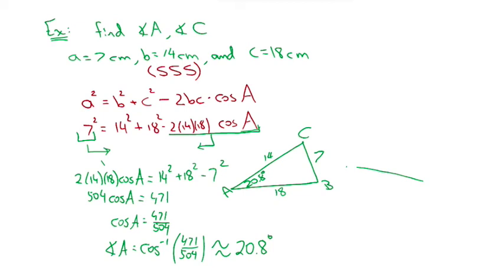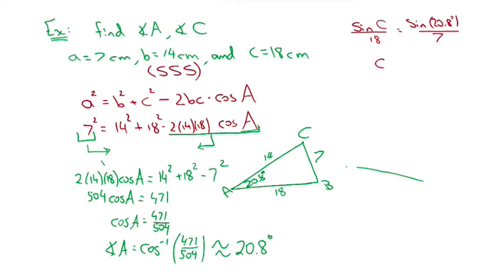Now what? Well, now you can just use sine, can't you? Find C. Law of sines? Yep. But I highly suggest you choose the biggest angle, which is C. All right, so law of sines, that becomes sine of C, which we don't know, over 18 is equal to sine of 20.8 degrees over 7.